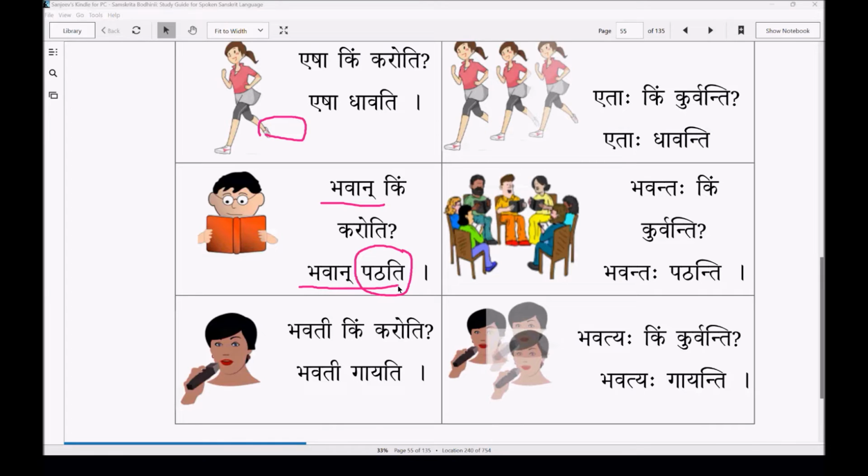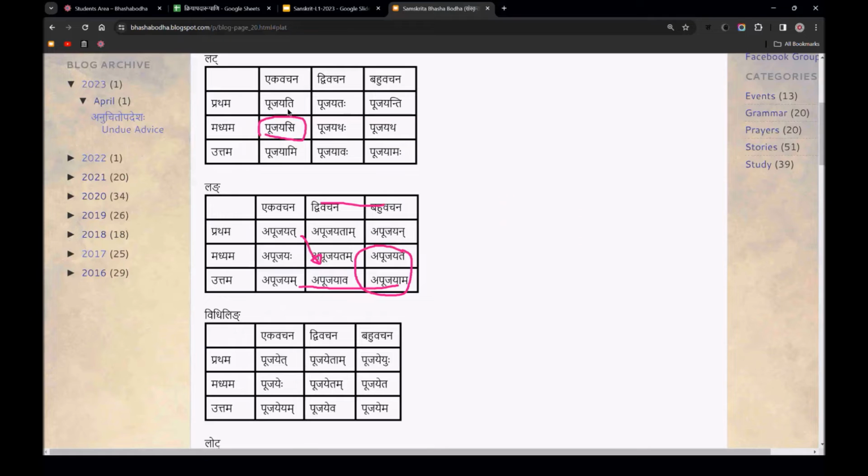Bhavan pathati, not bhavan pathasi. So this means you are reading. So just keep that in mind. Depending on what word you use for you, either you use the Madhyama Purusha form or the Prathama Purusha form.